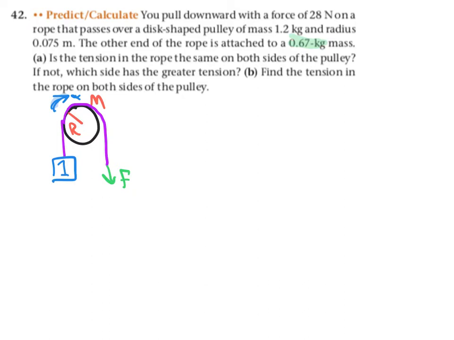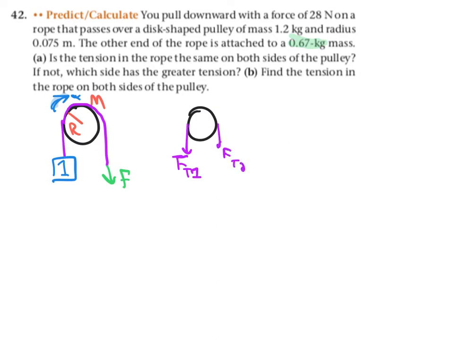If we look at the free body diagram for the pulley, we have the tension caused by the box pulling down, which I'll call FT1, and we have the tension of the rope on the other side, FT2.